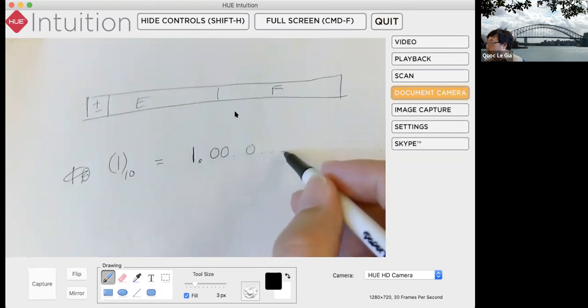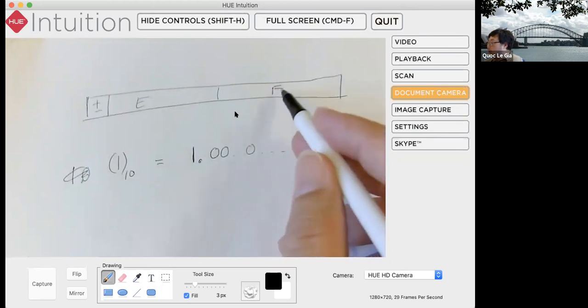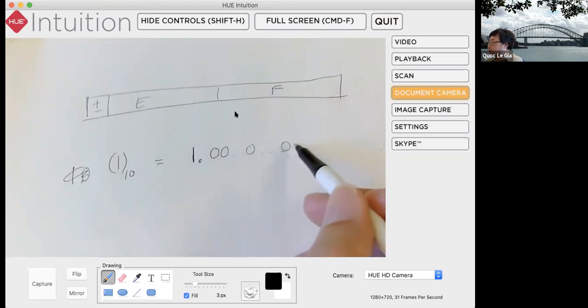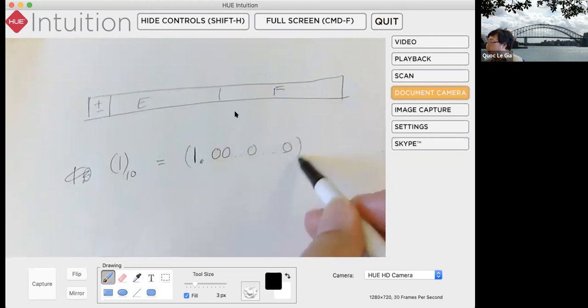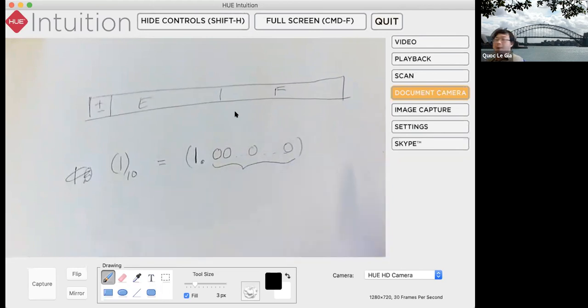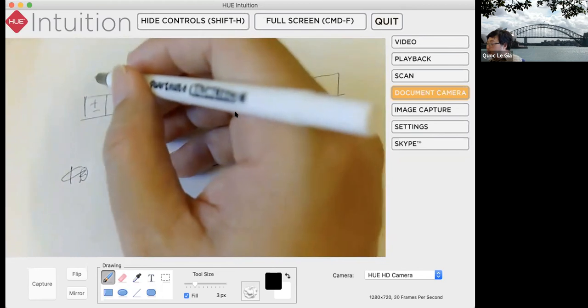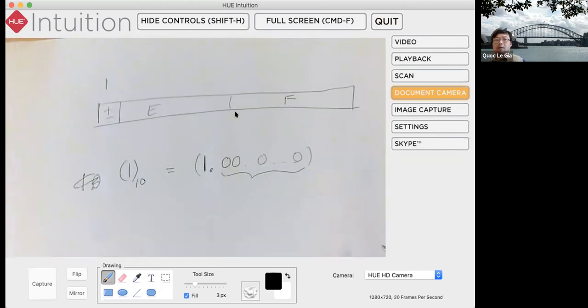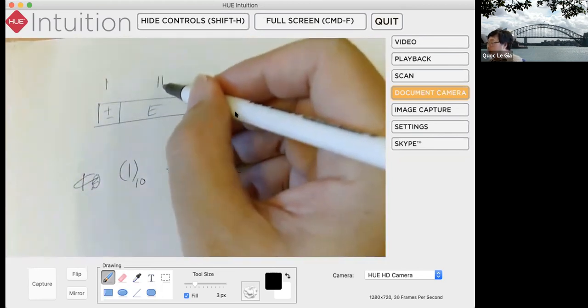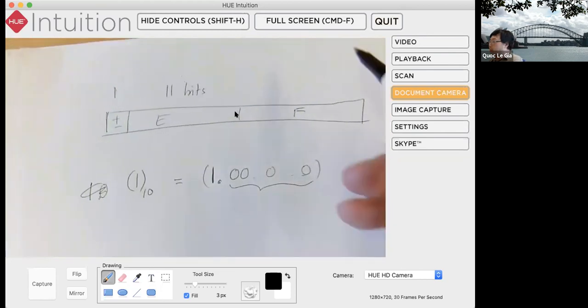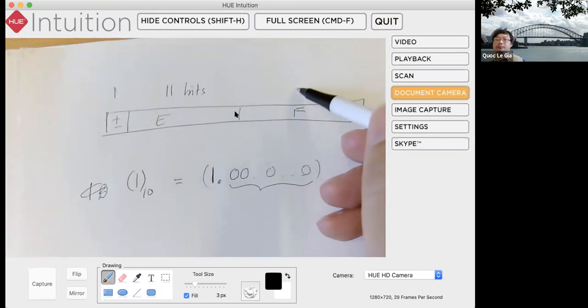But how many digits? Remember in double precision, this one is 1 bit, and you have 11 bits here. And how many bits in the fractional part?